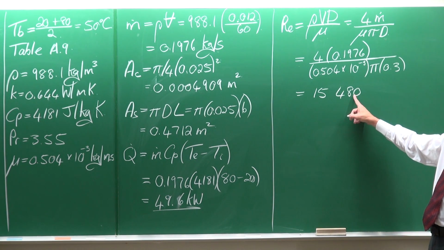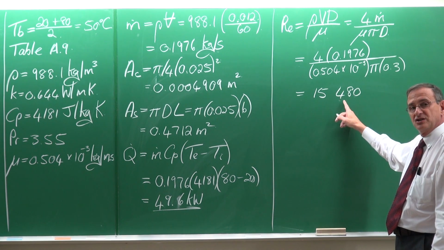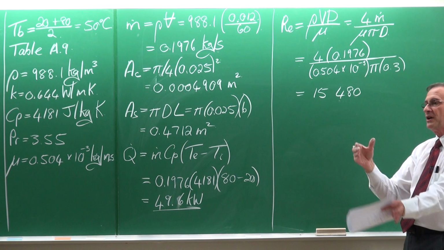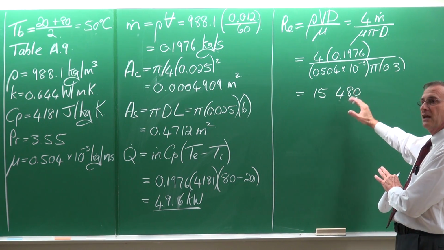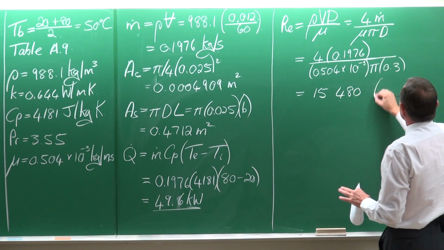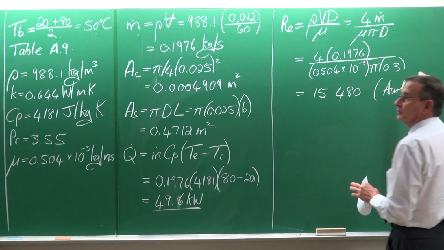For a tube, the critical transition Reynolds number is about 2,100 to 2,300. At the Reynolds number of 10,000, the flow would be turbulent. So we can say that we know for sure that the flow would be turbulent through this tube.